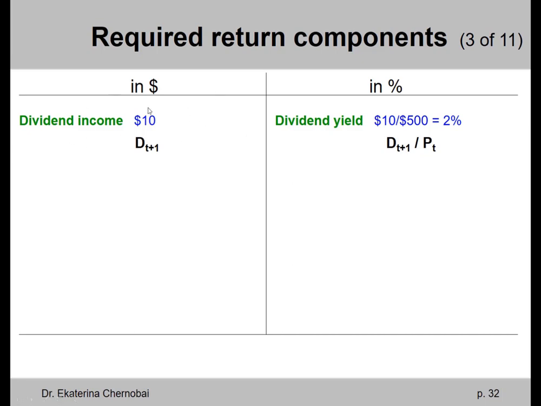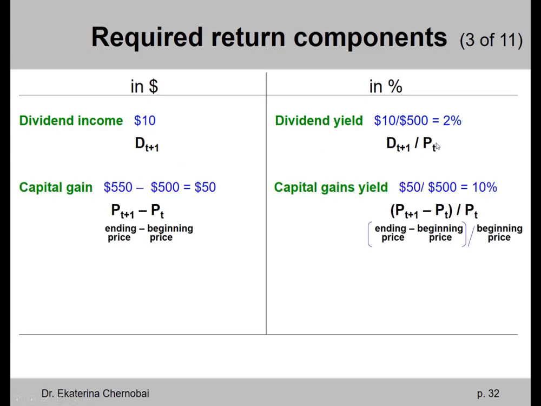So we get a dividend income, $10. Let's say that's all you get. Let's say there will not be that price increase that I gave in this problem. So if the dividend is all you earn, then the return on your money is 2%, which is the $10 dividend income divided by how much you invested or how much you paid to get one share, $500.